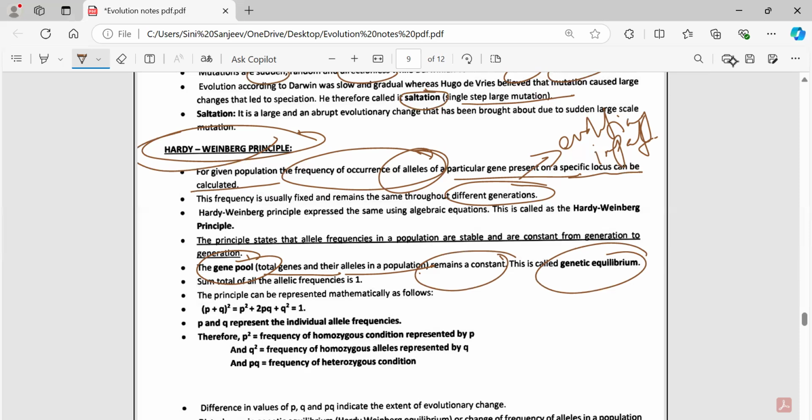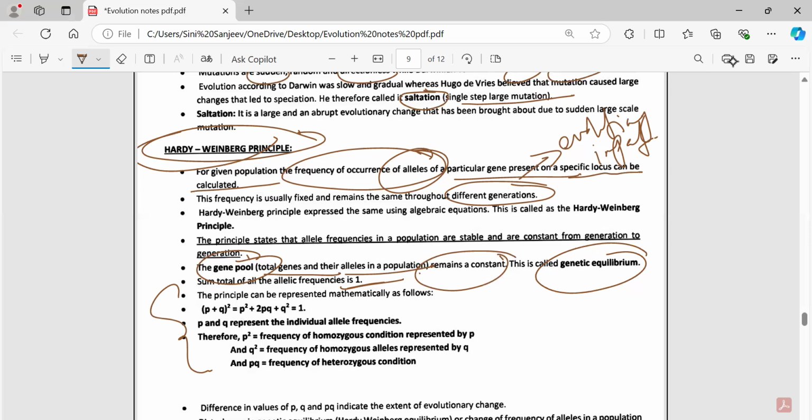So the total of all the allelic frequencies will always be equal to 1. This is the mathematical representation of how Hardy-Weinberg's principle states and explains your genetic pool.